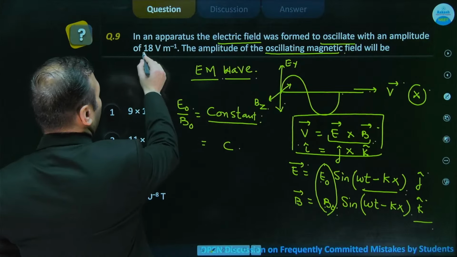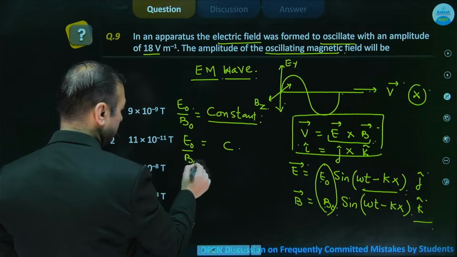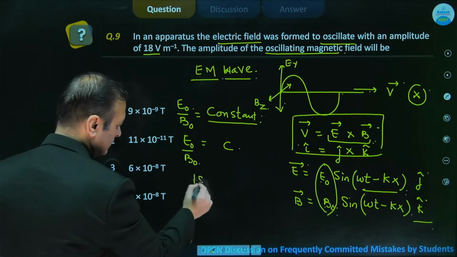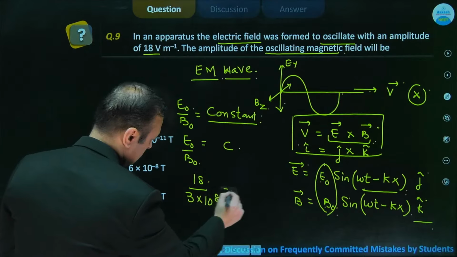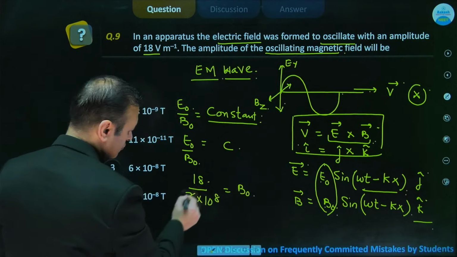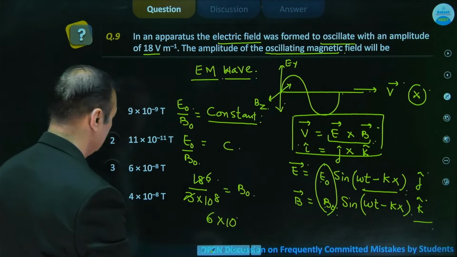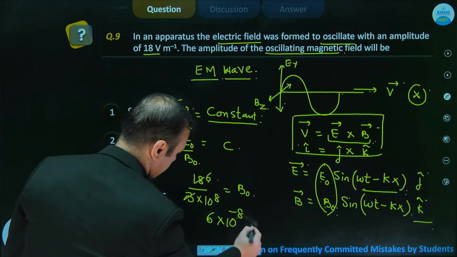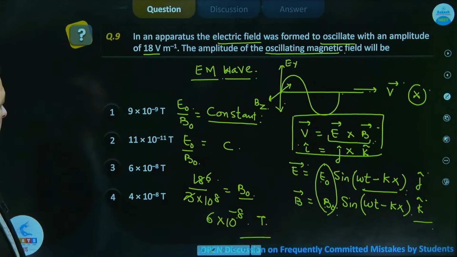So the electric field amplitude is given to us. We have to find out the magnitude of the magnetic field. So this is 18 divided by C, and that gives you 6 into 10 raised to power minus 8, and because this is a magnetic field, the unit has to be Tesla.